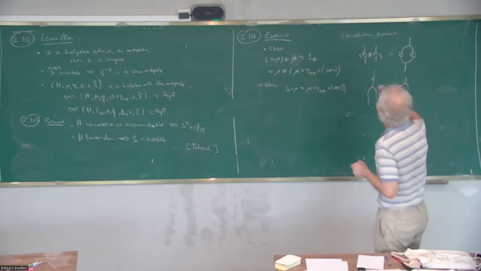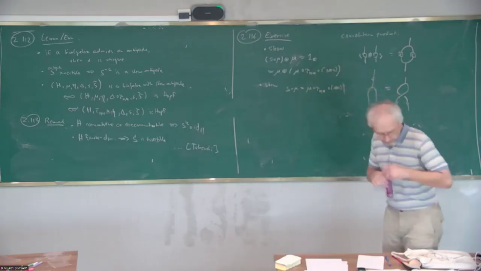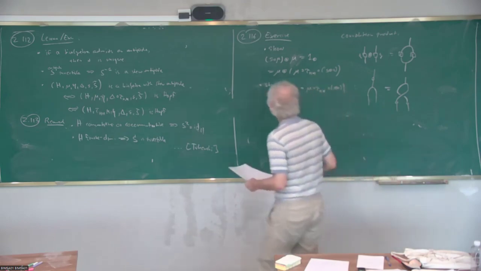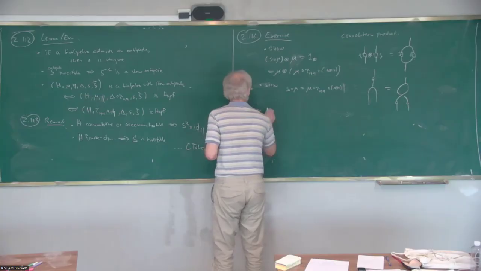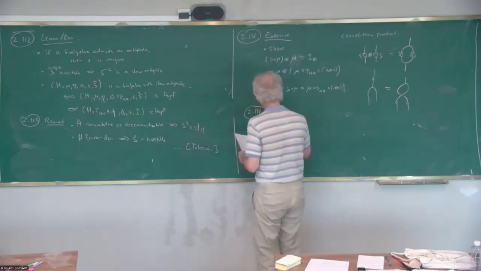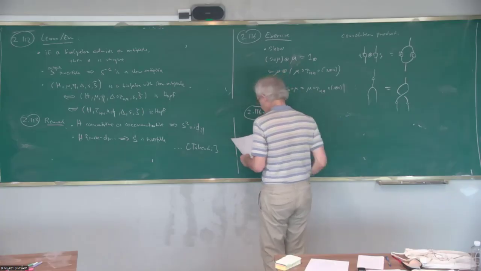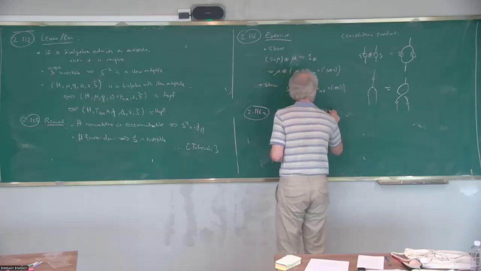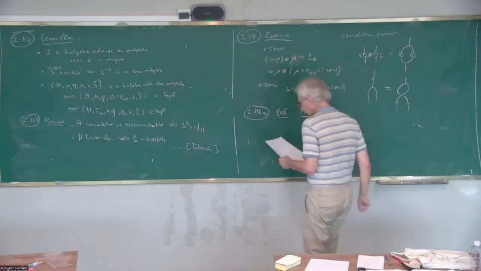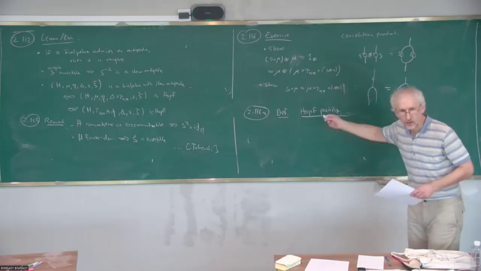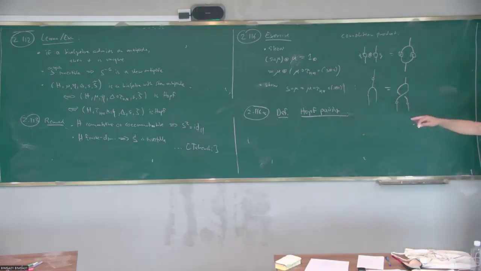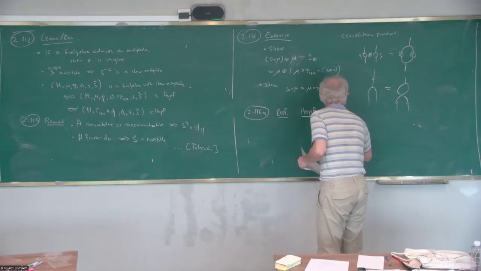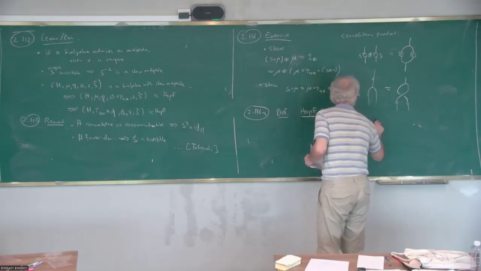And this is a property that you use. That is very useful. A side remark here for now, but I will use this a little bit on Thursday, is the notion of a Hopf pairing. It's called Hopf pairing because it's interesting for Hopf algebras, but you only need an algebra that is also a co-algebra.